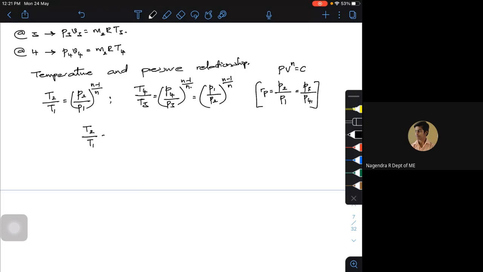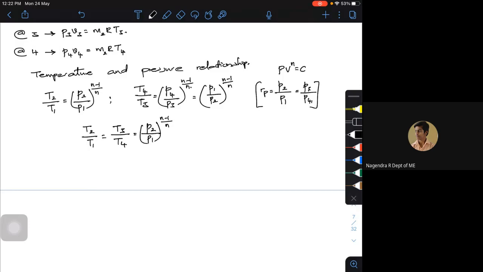So T4 by T3 is equal to T1 by T2, whichever way I want to write it. So T2 by T1 is equal to T3 by T4 is equal to P2 by P1 whole to the power of n minus 1 by n. This is what I can do.